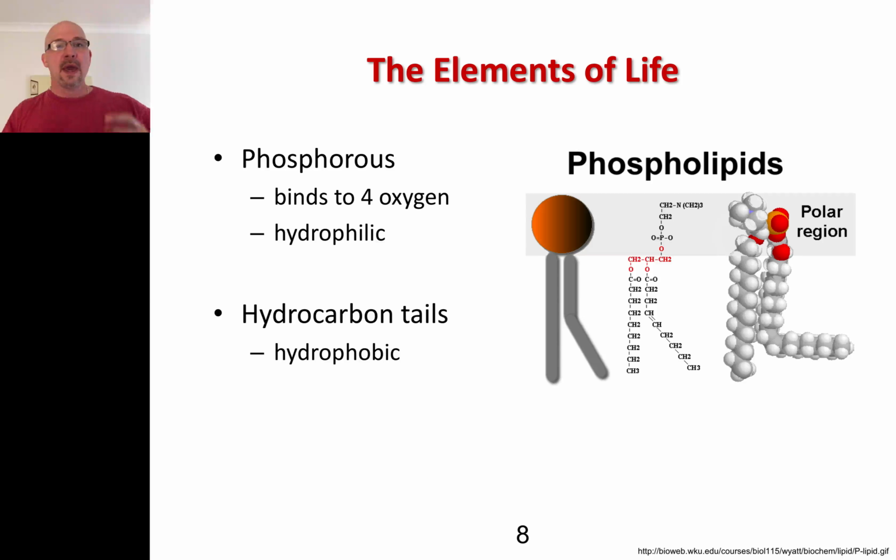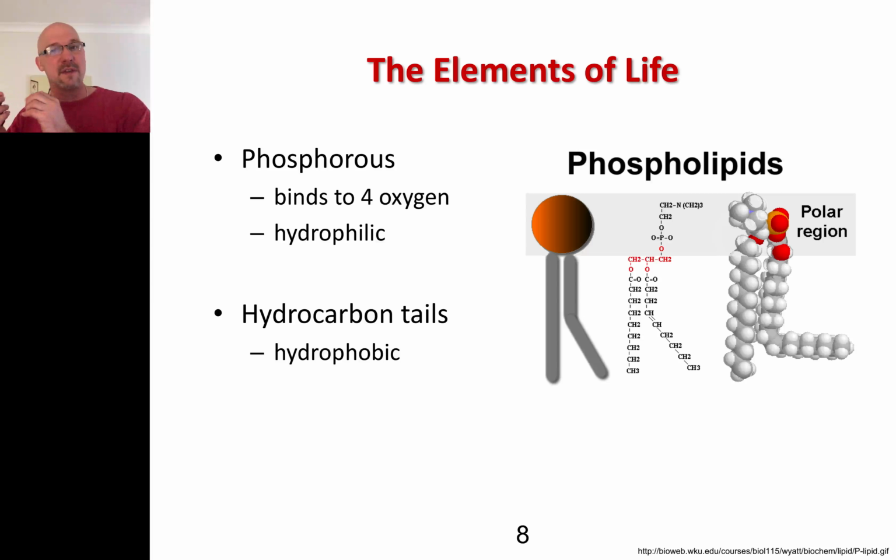Here's why. If you take phosphorus and you bind it to 4 oxygen elements, so 1 phosphorus and 4 oxygen elements, we get something that is hydrophilic. And philia means to love. So when you take a phosphorus Lego block and 4 oxygen blocks, you get a little thing that's charged and it really likes water. It absorbs well into water. It doesn't repel water.